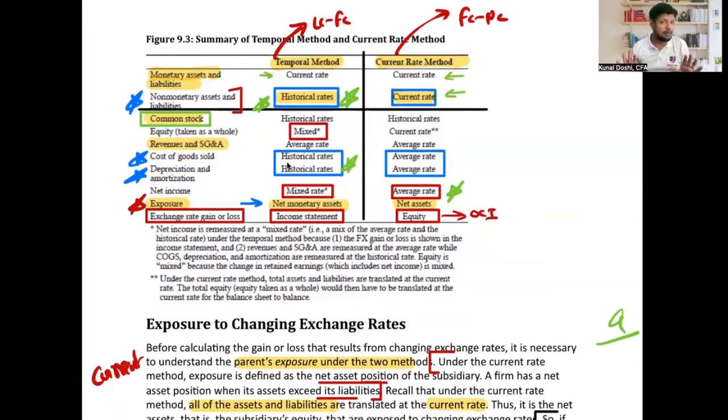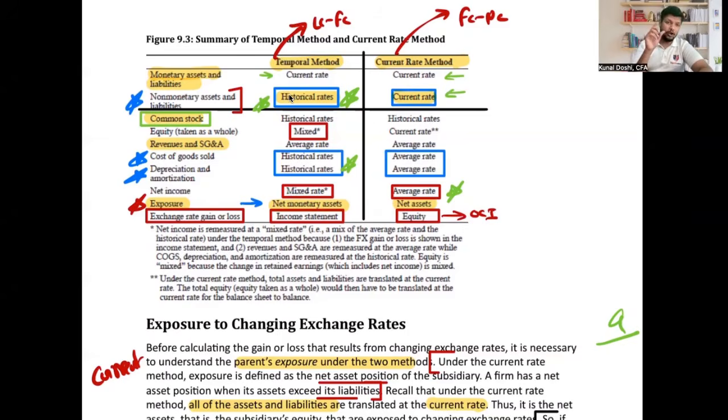That's the best way to remember the current rate method. In the current rate method, any currency translation gain or loss is adjusted directly into equity. In the temporal method, we use something called an adjustment, and that adjustment goes into the income statement. In the income statement, under the temporal method, we record it as a different thing.